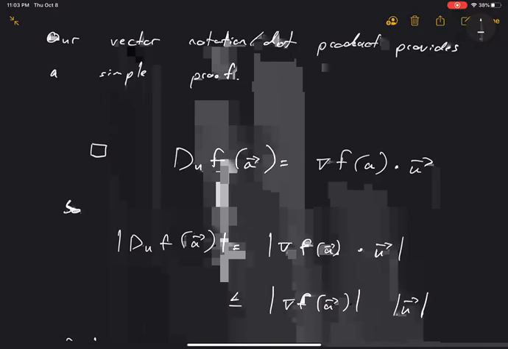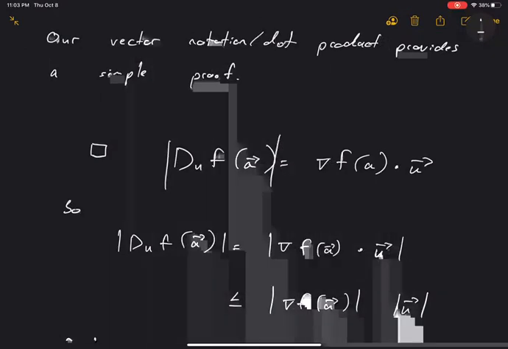Okay. So in other words, I want to maximize the magnitude of this derivative, right? I want to make this number, the magnitude of this number, as big as possible. Okay. So let's consider the derivatives in an arbitrary direction u. For right now, u can be any direction.